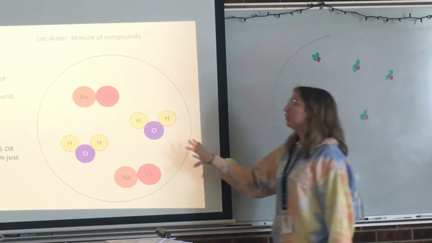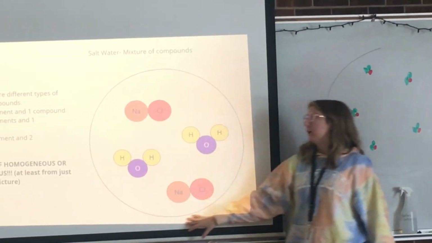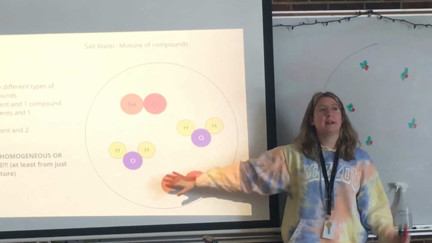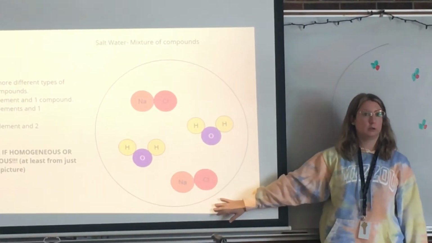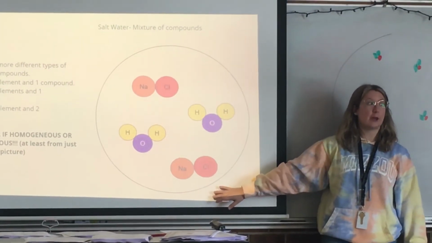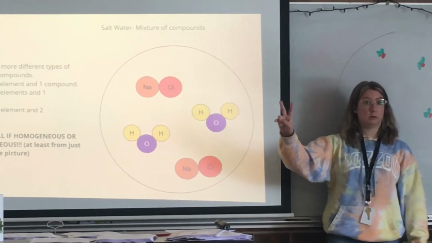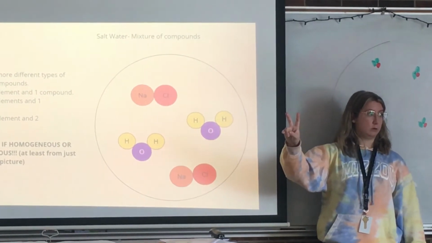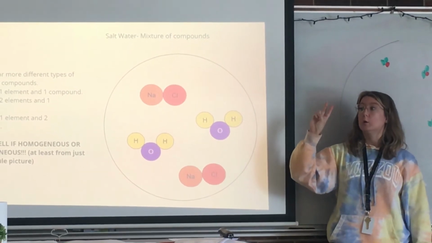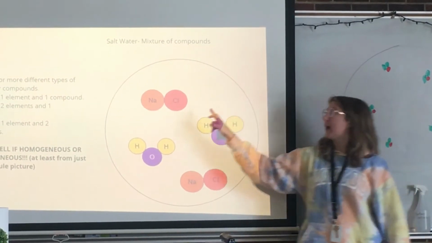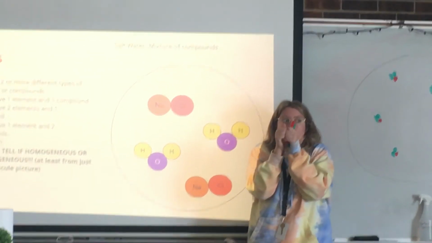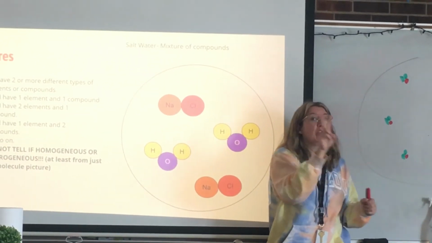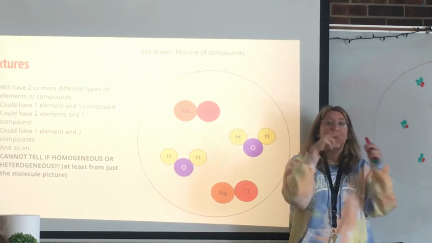So, this one right here, how many different types of molecules do we have in this picture? We have 2. We have 1 here because if they're touching, that means that they are 1. We have 2 different types of molecules.